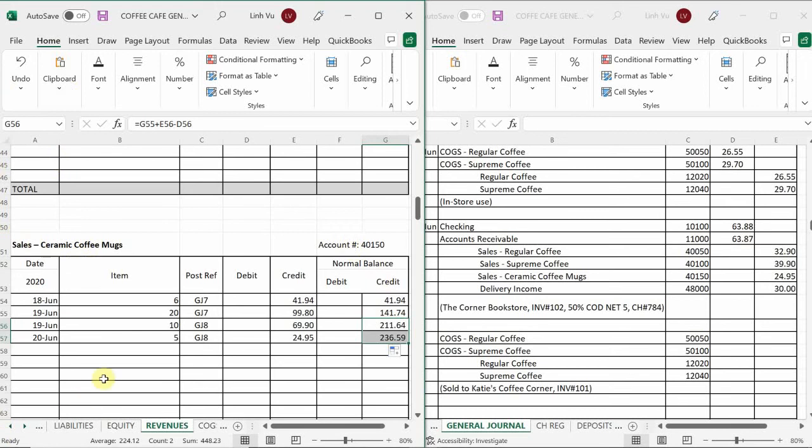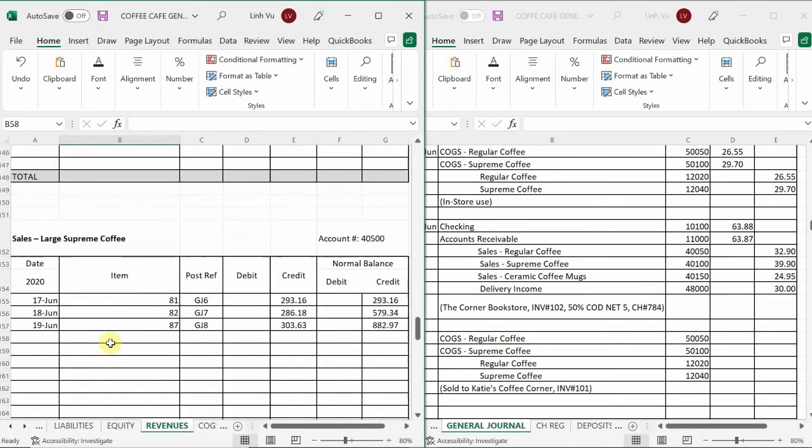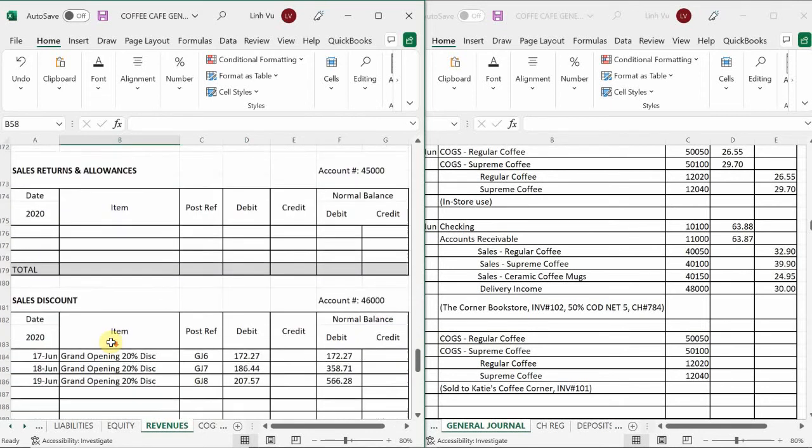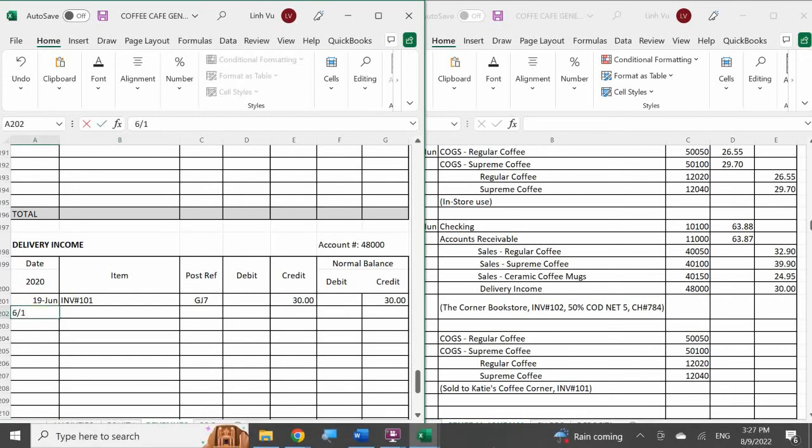Good. We have another delivery income on invoice 102 on page 8 for $30, making the total $60. Good.